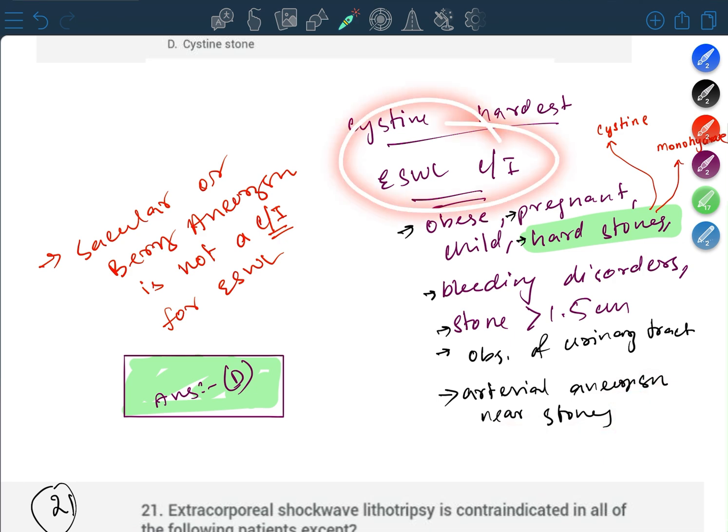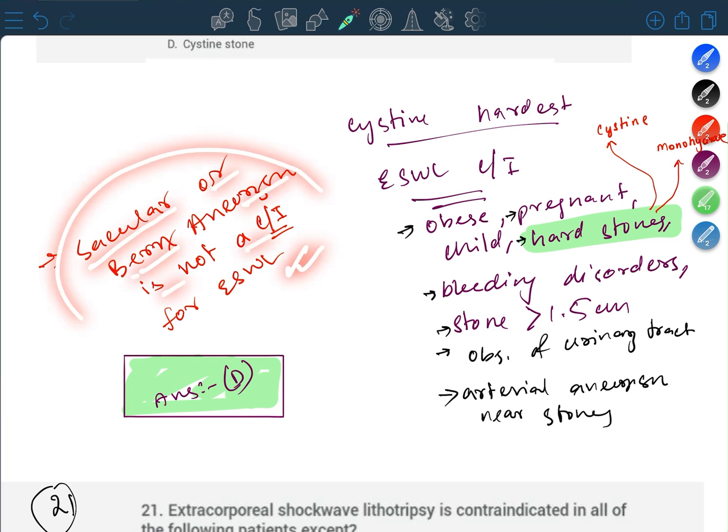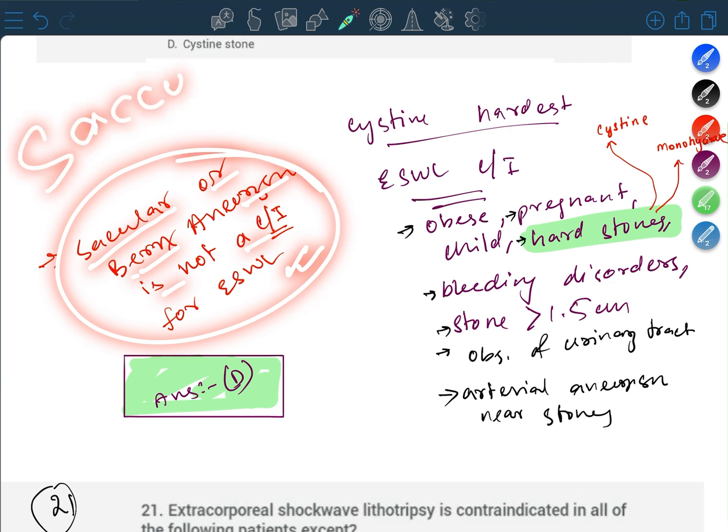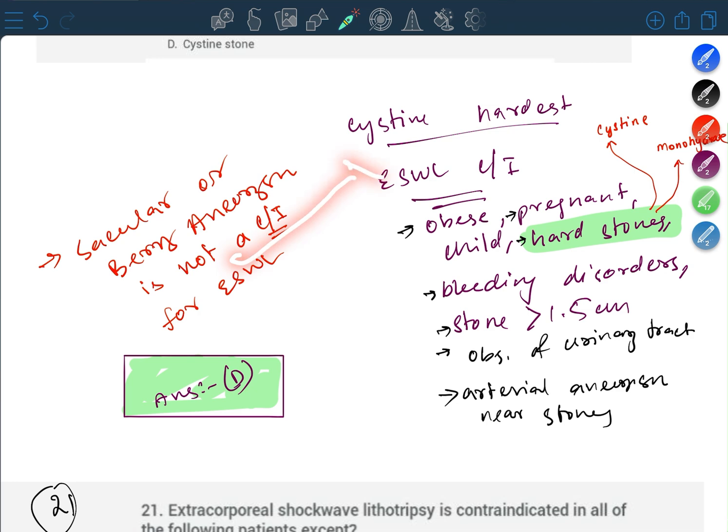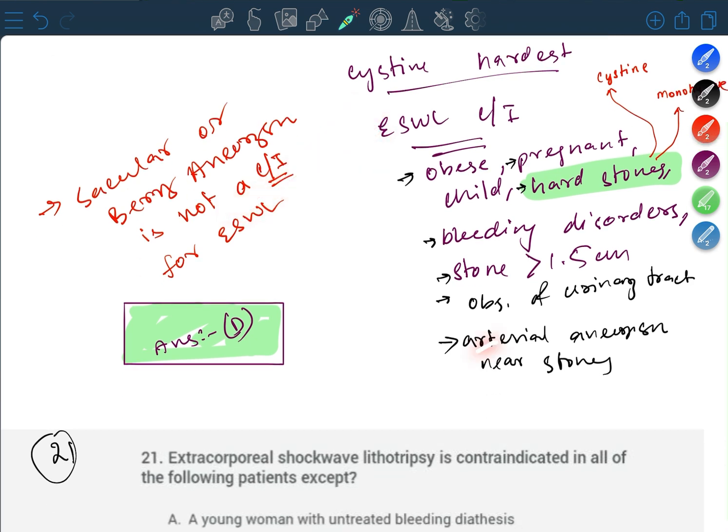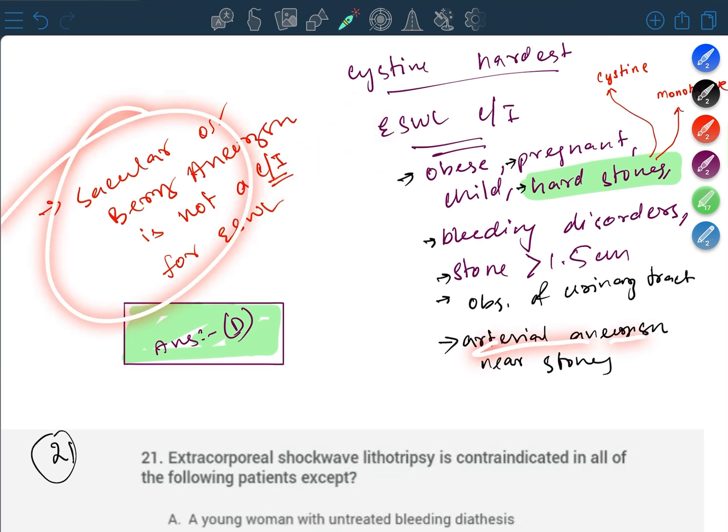So these are all contraindications. But remember this important point: saccular or berry aneurysm is not a contraindication for ESWL. Arterial aneurysm is, but not saccular or berry.